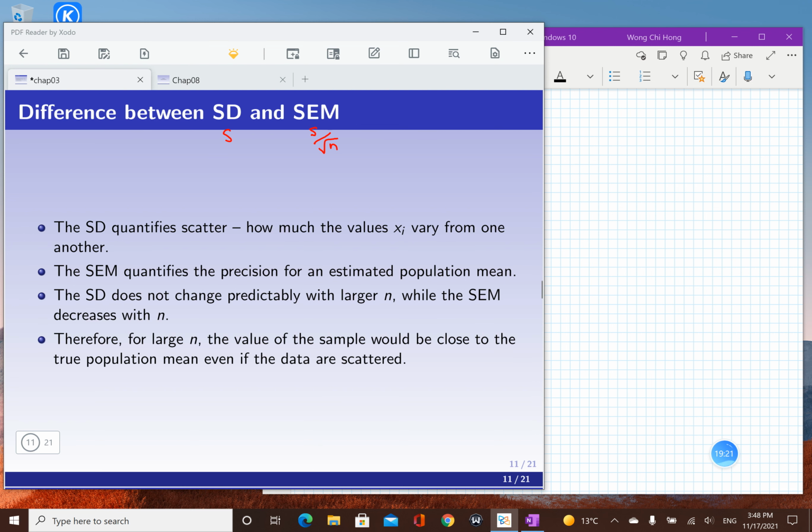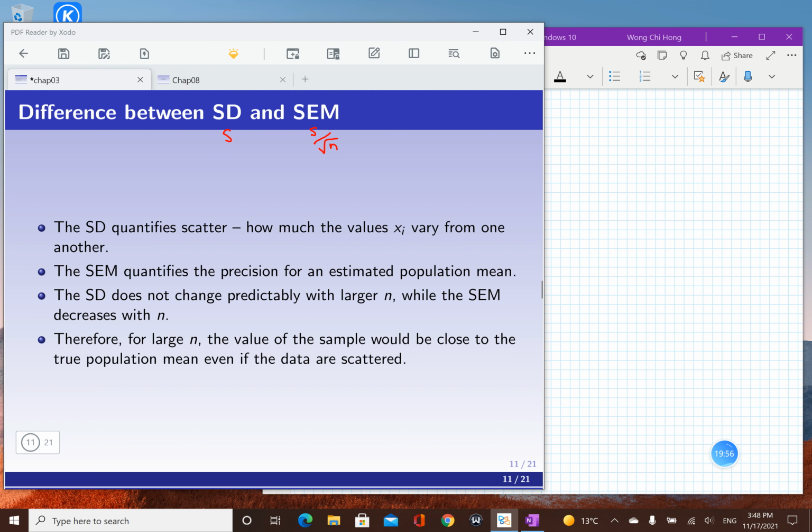Having different sample sizes, having standard deviation, we can have a rather large standard deviation, meaning all the x's can be everywhere, but a very small value for the SEM if the n is large enough, meaning that our sample mean, even though x's are everywhere, even though x's can be large, can be small, but x bar is close to the true mean value.